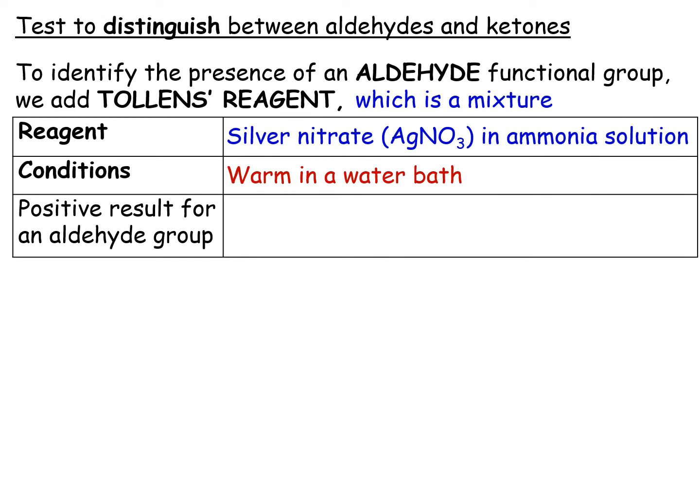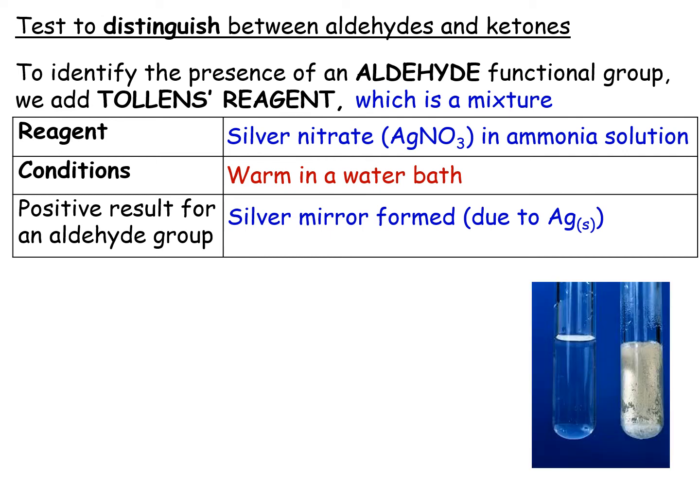So Ag plus actually gains an electron, so it's no longer an ion in solution, it's actually the silver solid. And that's what causes your positive result. You would actually see a silver mirror forming on the inside of the test tube. So silver mirror is the common answer for the description of the observation of the test using Tollens. You get a silver mirror when you react Tollens with an aldehyde.